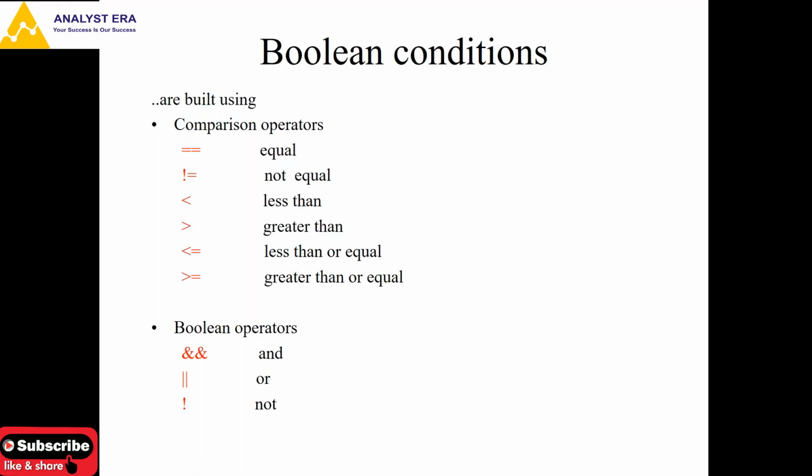We'll add more and more if conditions, and we can also put multiple comparison conditions in a single if condition. Suppose I say add only if a is greater than 5 and b is greater than 5, so both are greater than 5, then only add. So we need two comparisons in a single if condition, and that is also possible.